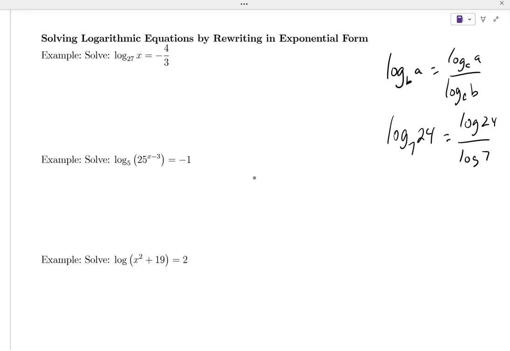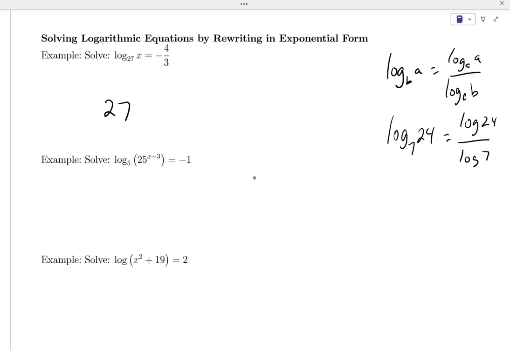So this is log base 27 of x is equal to negative 4/3. If you want to write this as the equivalent exponential form, what do we use for the base of the exponential? It says log base 27, what are we going to use for the base of the exponential? The 27, good. Remember, the base of the logarithm is the same as the base of the equivalent exponential.